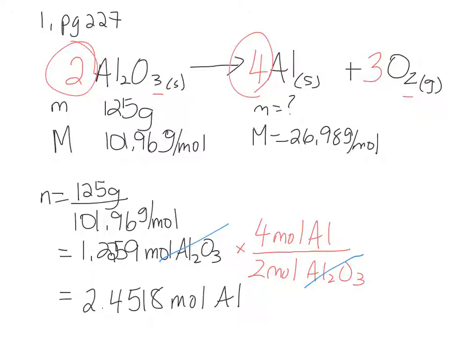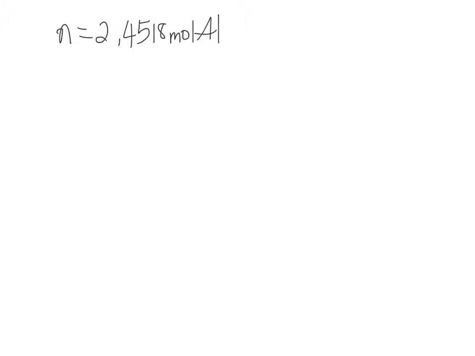So now we've calculated the moles of aluminum. We want the mass of aluminum, so we only have one step more to go. We're going to take our moles of aluminum and multiply it by our molar mass of aluminum to figure out the mass of aluminum.